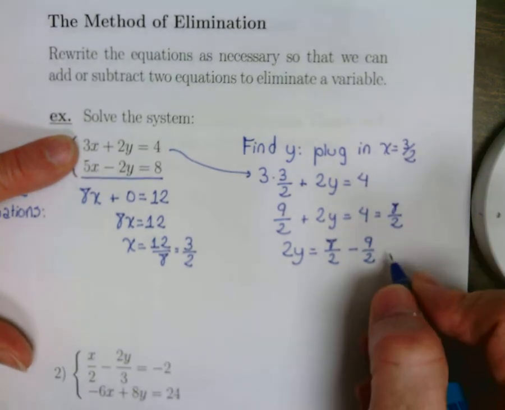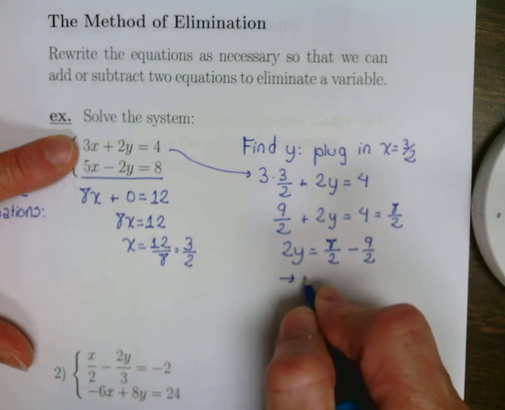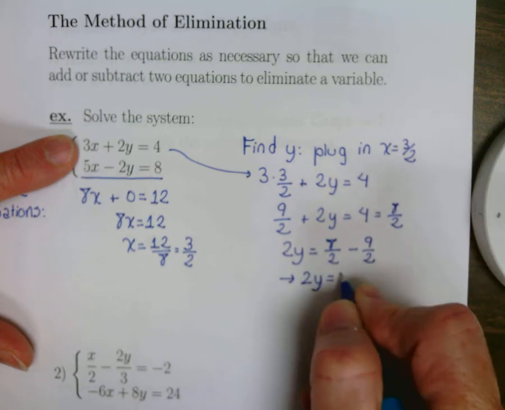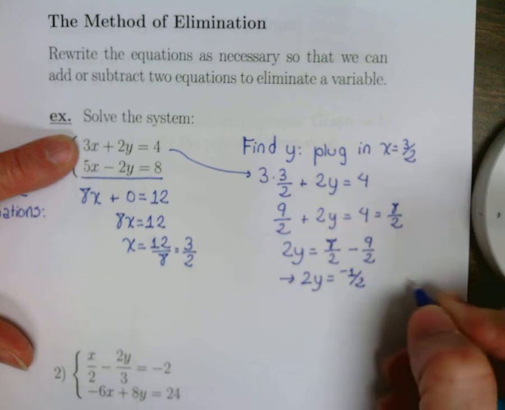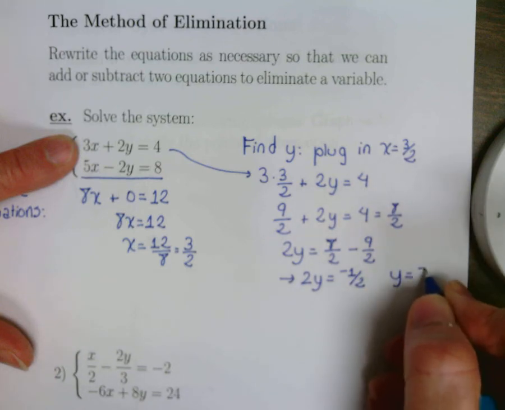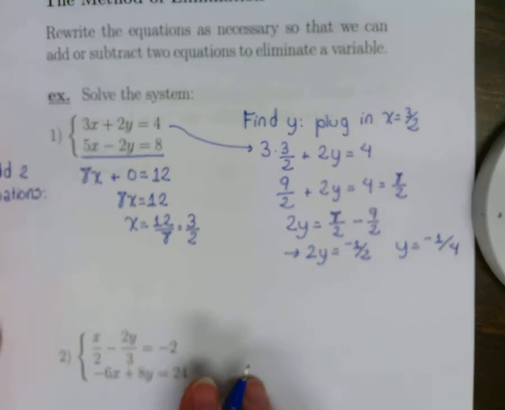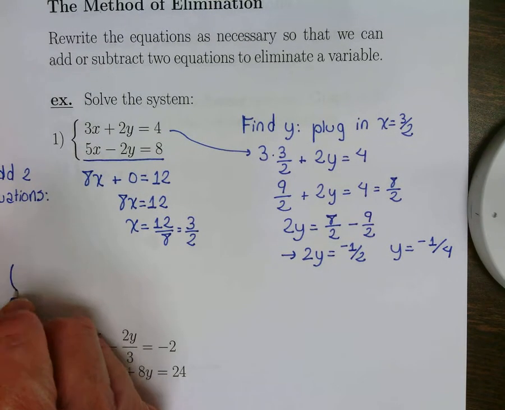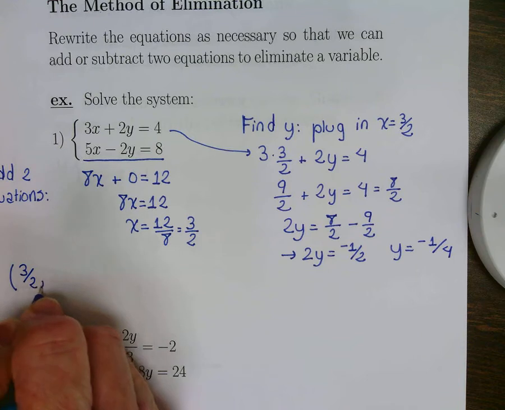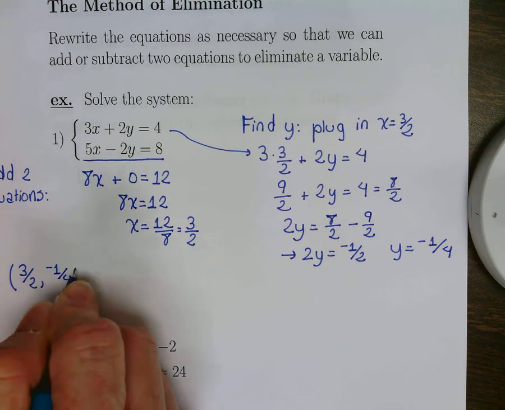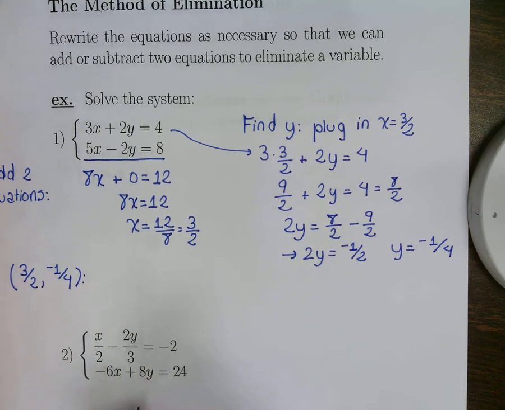Okay, and so it looks like 2y equals negative 1/2, so y equals negative 1/4. Okay, and it looks like our solution should be 3/2, negative 1/4. Okay, but I want to check.